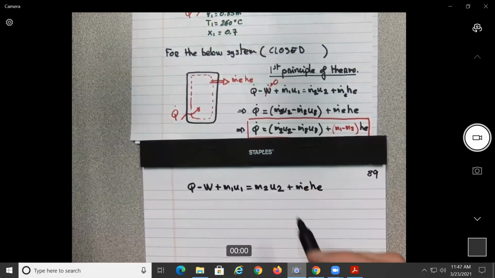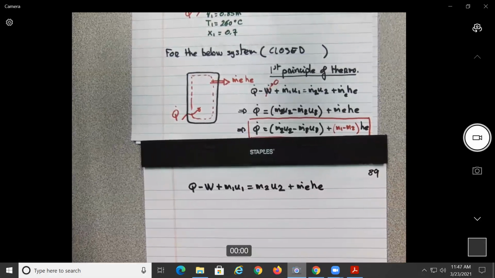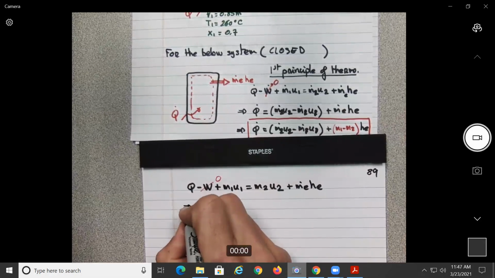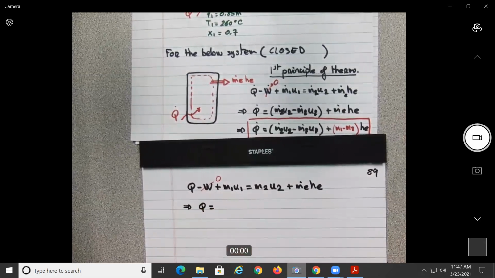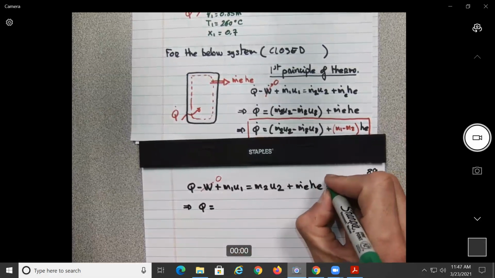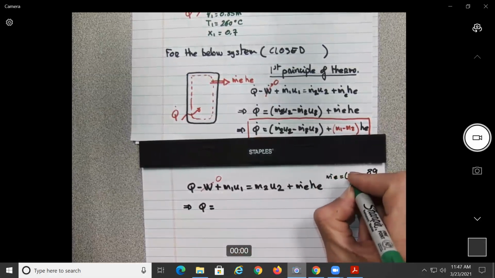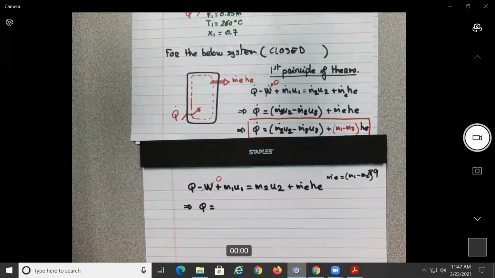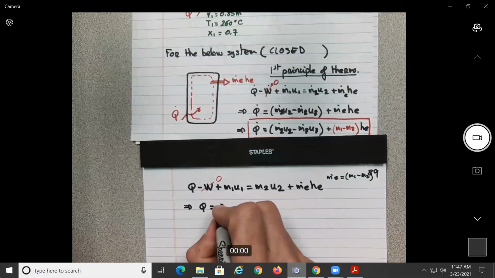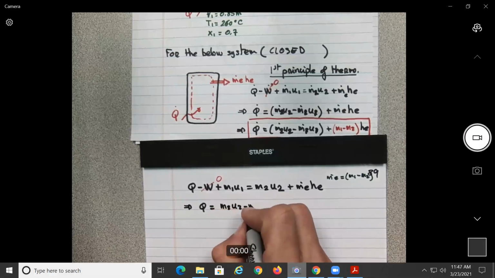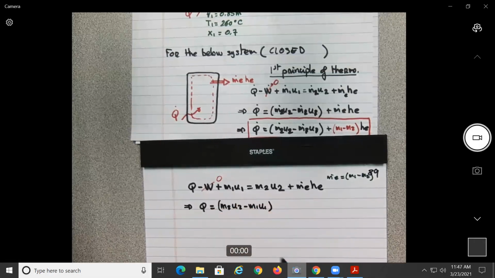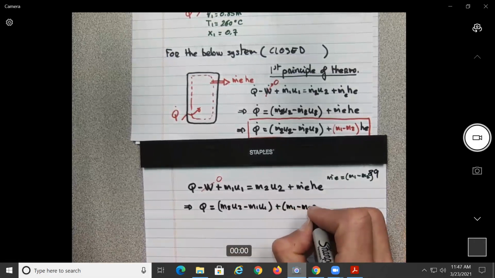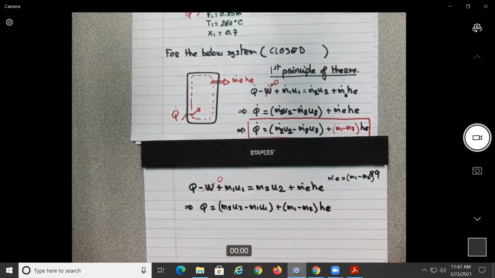So I'm going to modify this equation. Again, the work here is 0, so this is going to give us Q. And here we say that the M dot E was equal to M1 minus M2, so it's the dots which are going to disappear. That's the only thing that happens. So we're going to have Q equal to M2 U2 minus M1 U1 plus (M1 minus M2) H sub E.